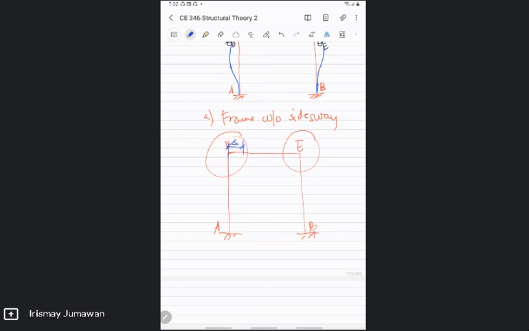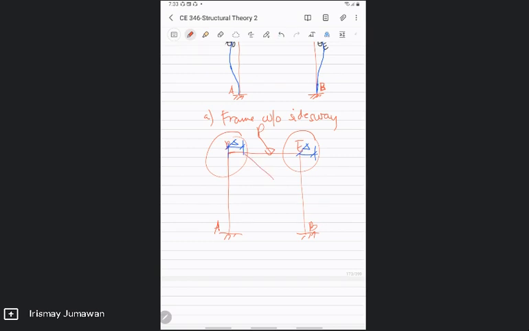So whatever displacement for your joint D, the same displacement also for your joint E. And you have your load P. Since it is inclined, you have to determine the X, Y components. Since it translates, there is displacement, so it can be vertical or horizontal. When it translates, your elastic curve changes.